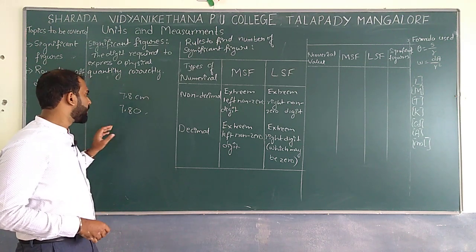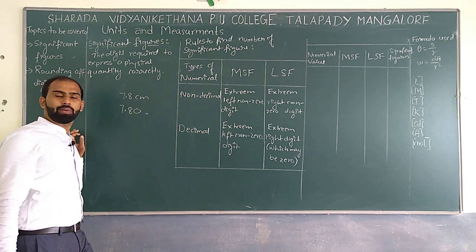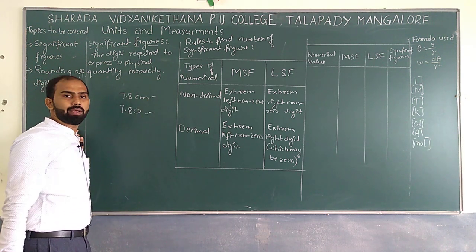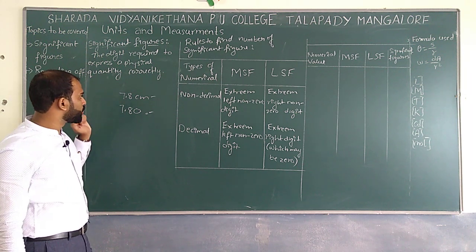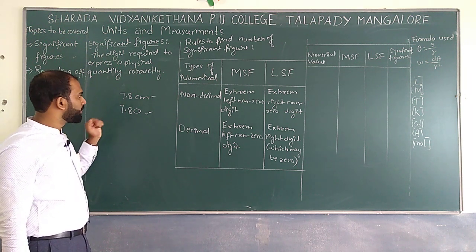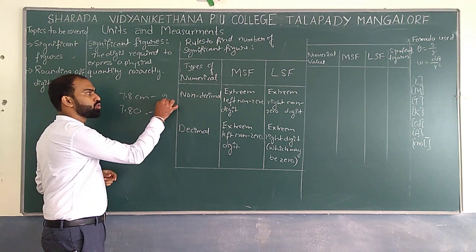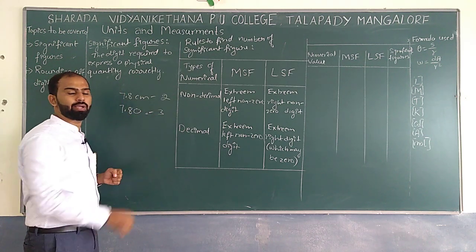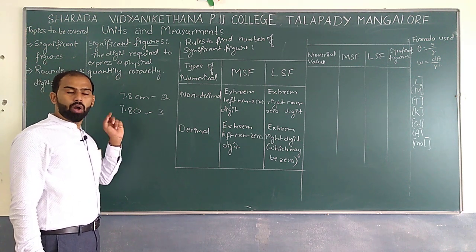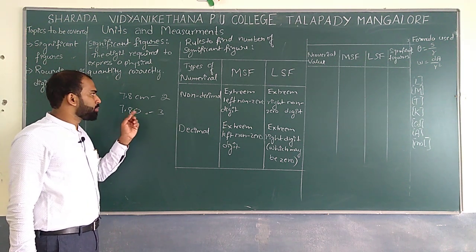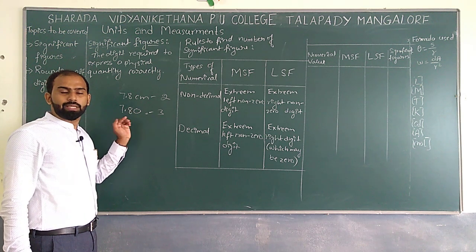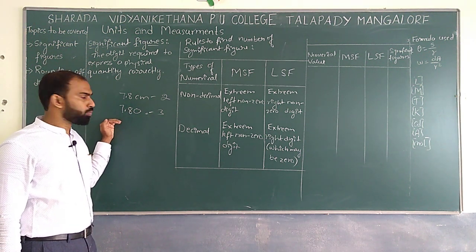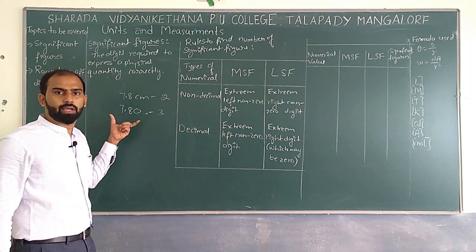So what can we conclude here? 7.8 gives 2 significant figures and 7.80 gives 3 significant figures, which means the order of accuracy is more if the significant figure is more. Among these two, the second value has more significant figures.